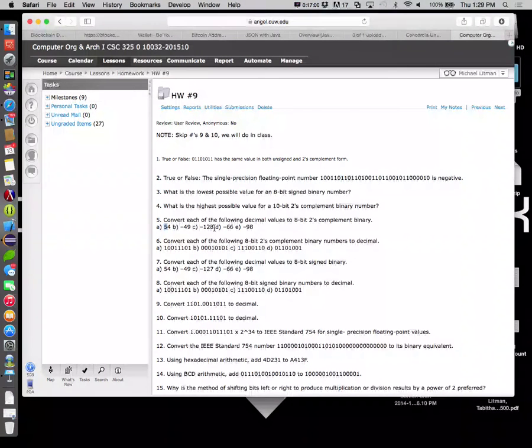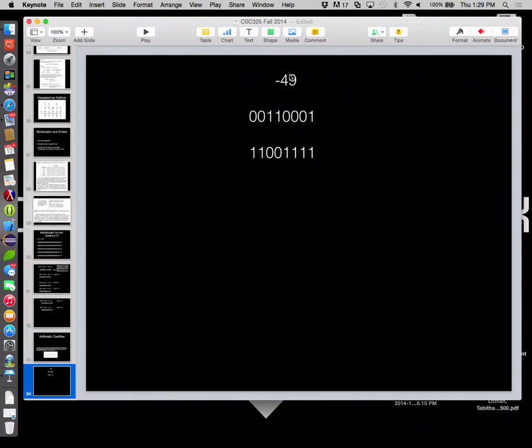Negative 128. That's 128, 64, 32, 16, 8, 4, 2, 1.